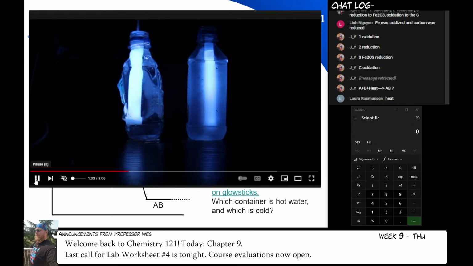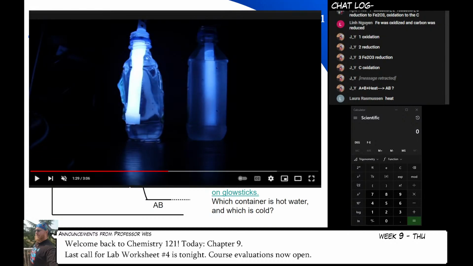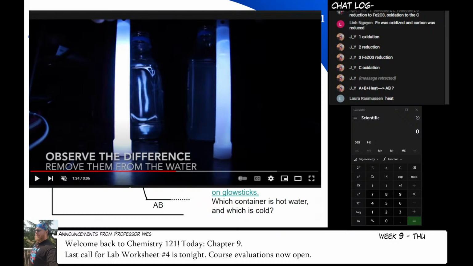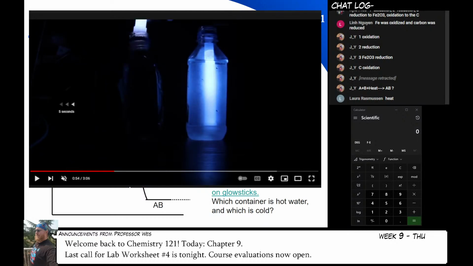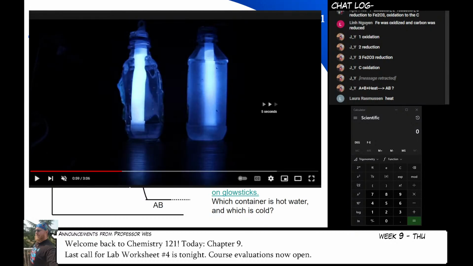But what I'm going to do is pause this video, and fast forward by going like this. And can you see the effect as I skip ahead every 5 seconds? I think the difference is more observable over time here, so I'm going to go back. So we're going to go forward again.